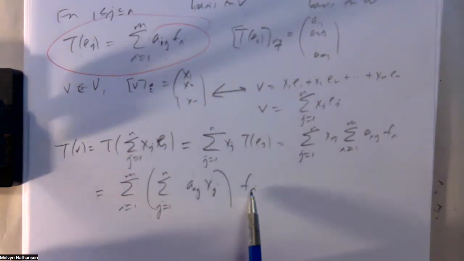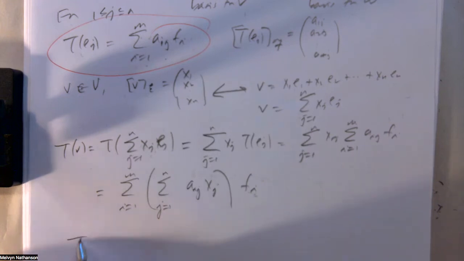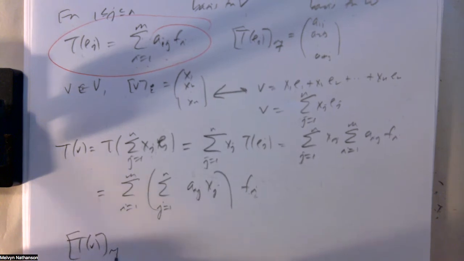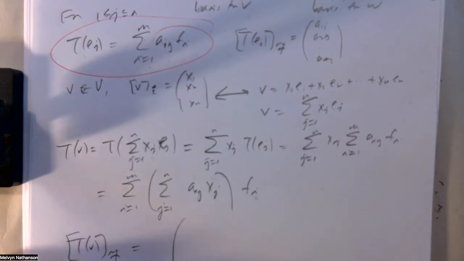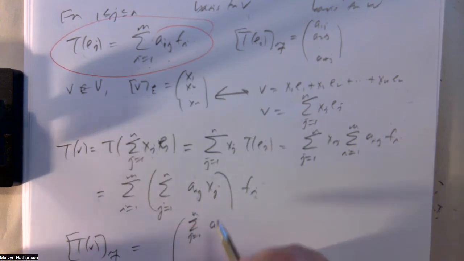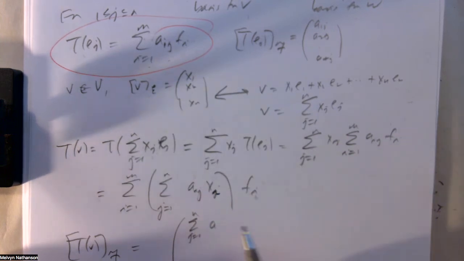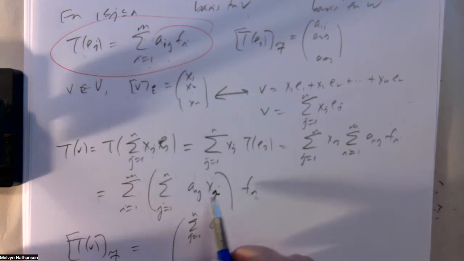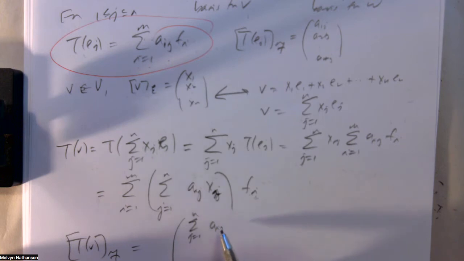So T of v is this linear combination of the basis vectors f. So T of v, the coordinate vector for that with respect to the basis f, is the vector whose ith coordinate is this sum, summation j goes from 1 up to n, aij xj.